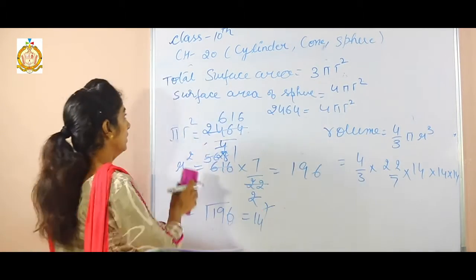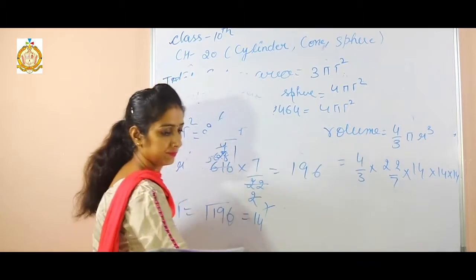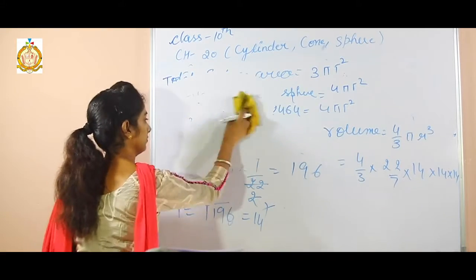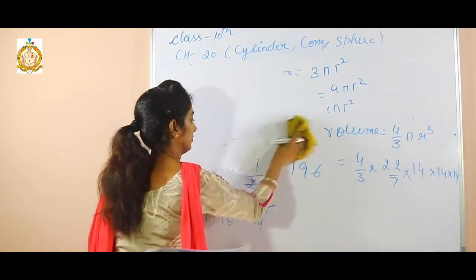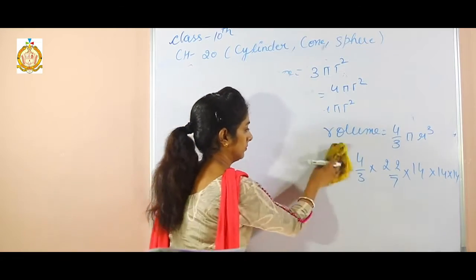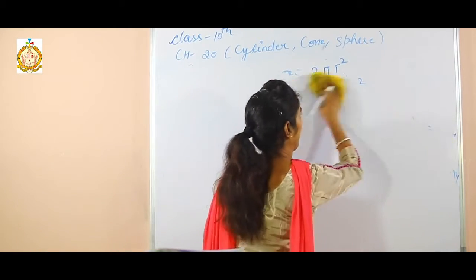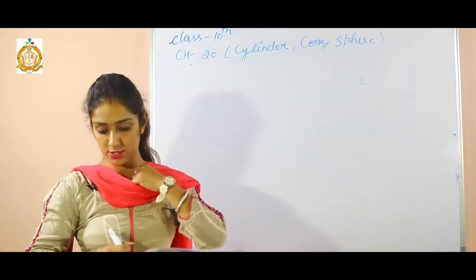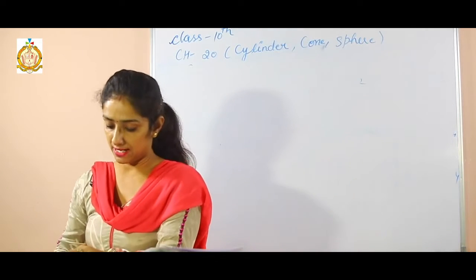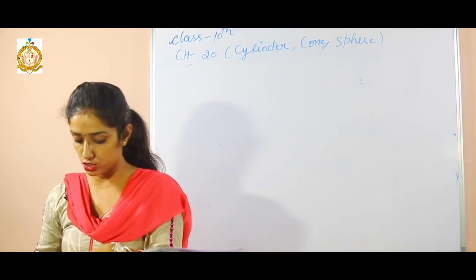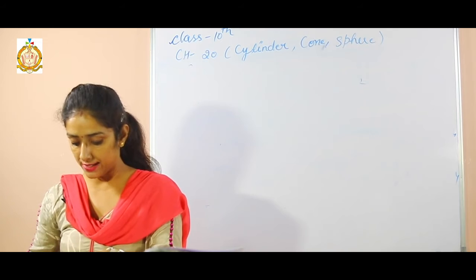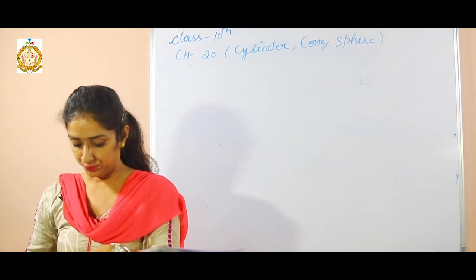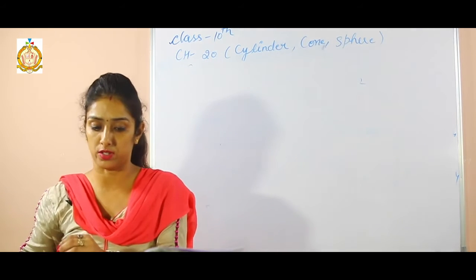Okay, now see the next question. In the next question, 8 metallic spheres, each of radius 2 millimeter, are melted and cast into a single sphere. Calculate the radius of the new sphere.